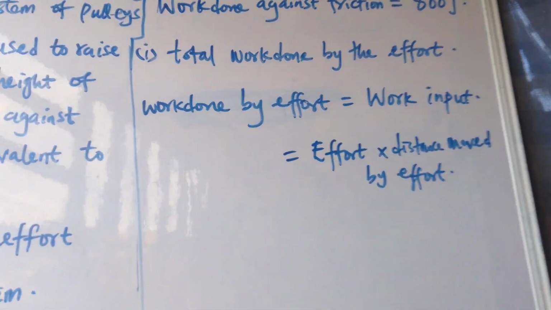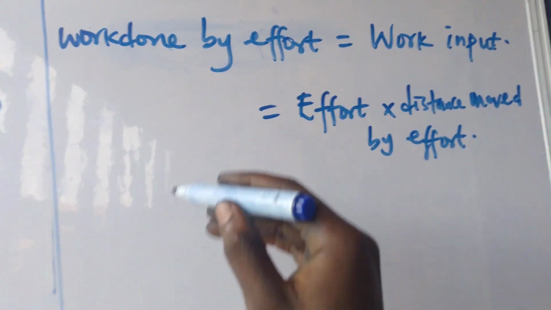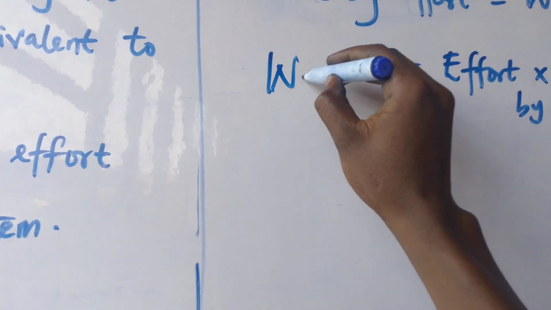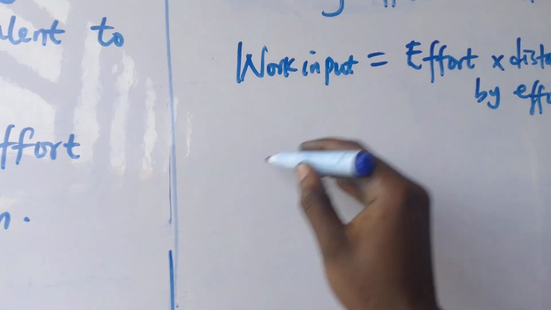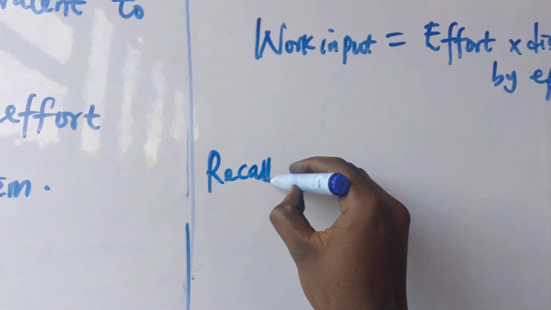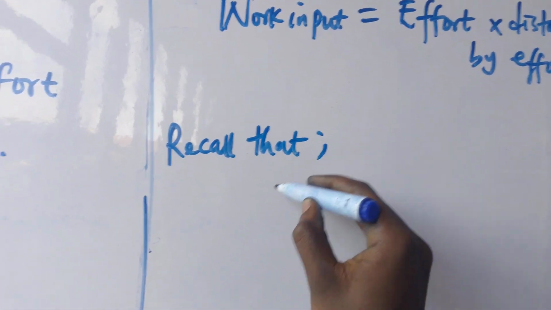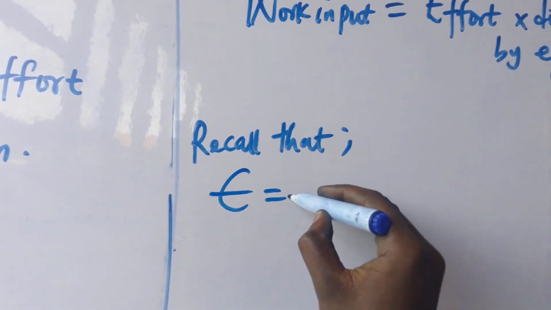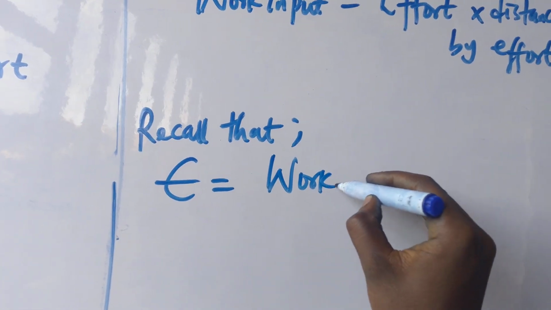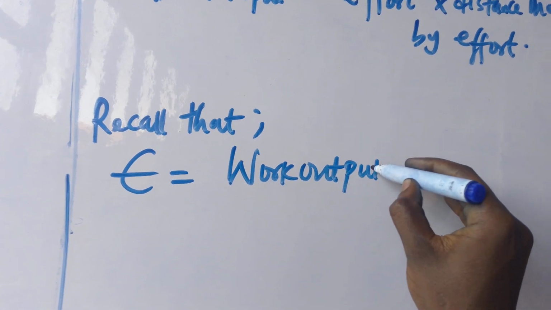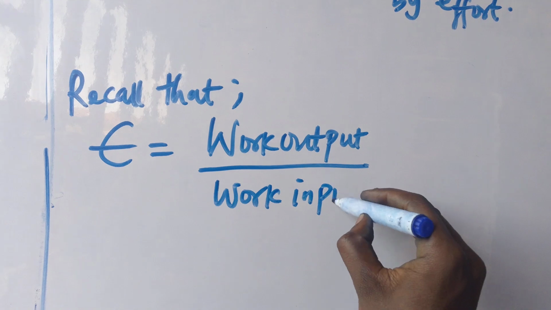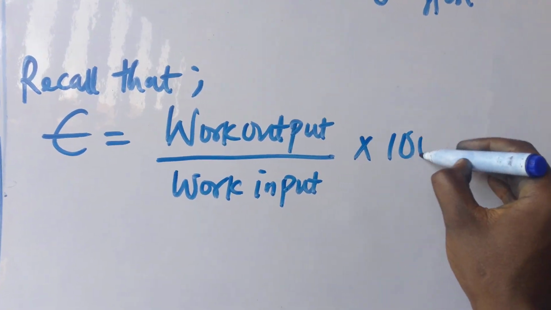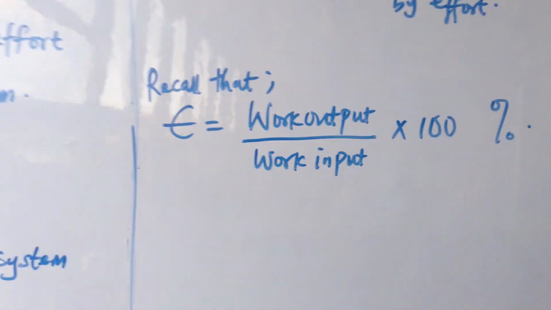Okay, and we also recall that efficiency E is the work output over work input times 100 in percentage.